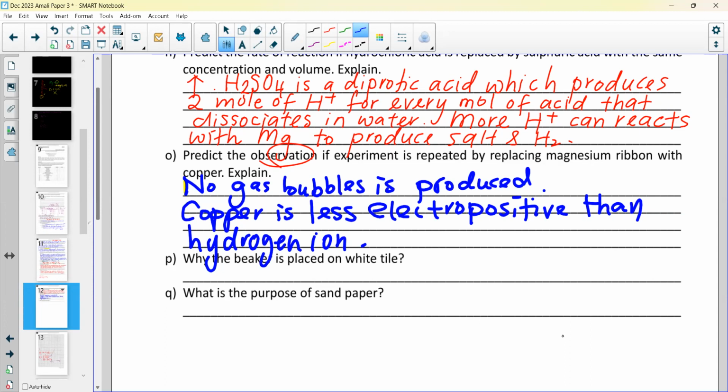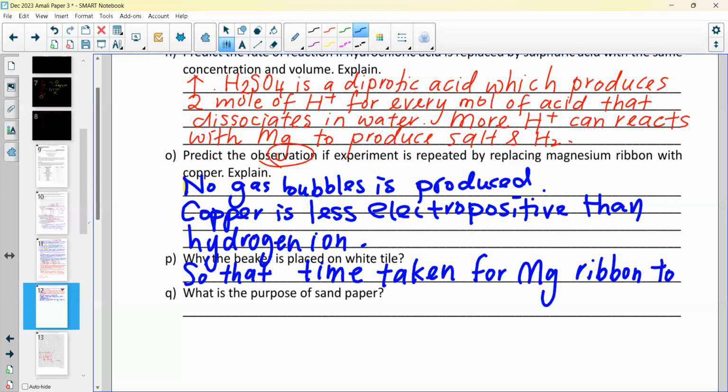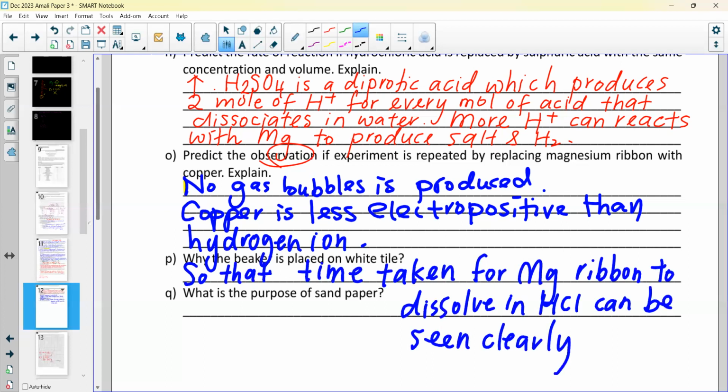Increase the visibility so that the time taken for the magnesium ribbon to dissolve in hydrochloric acid can be seen clearly.